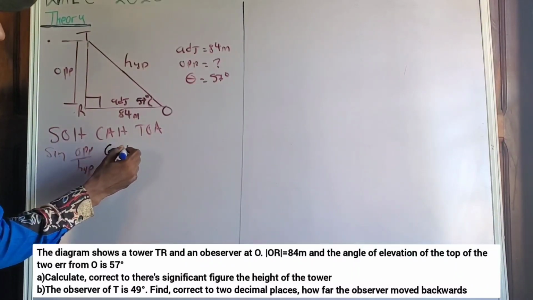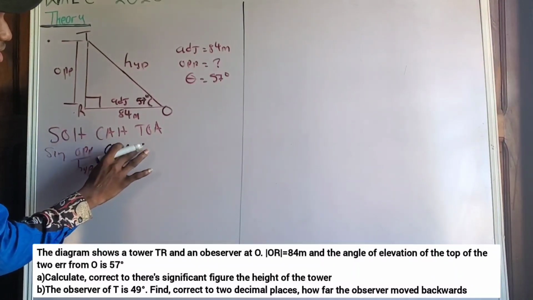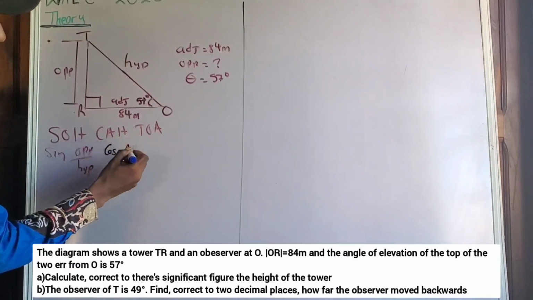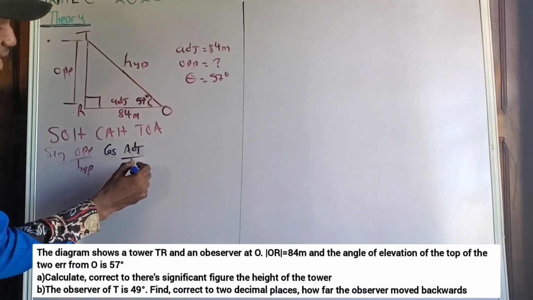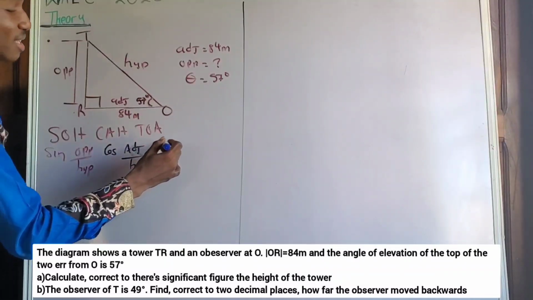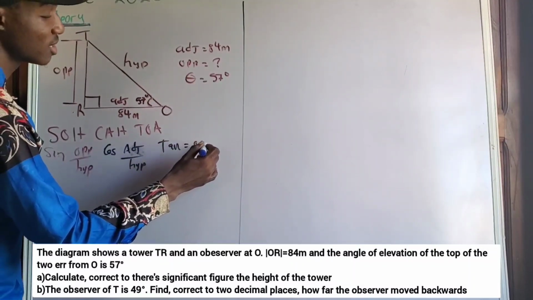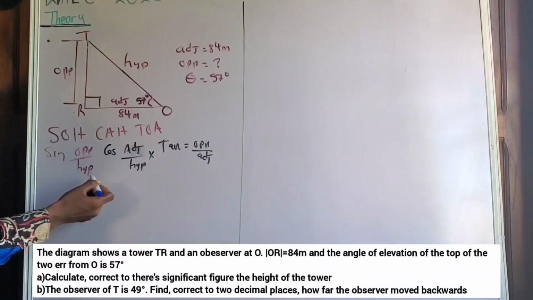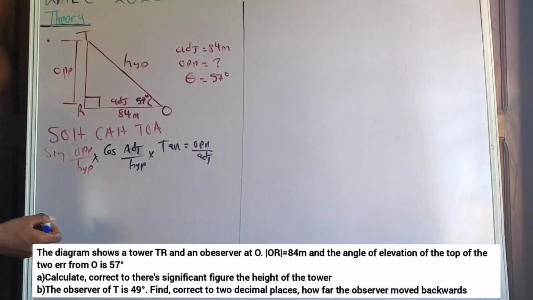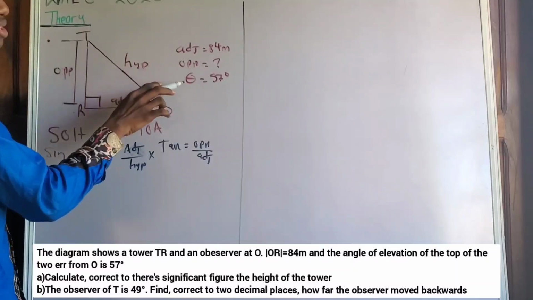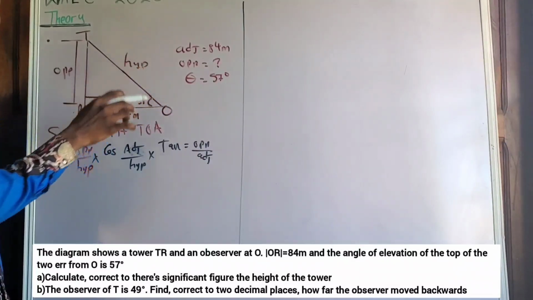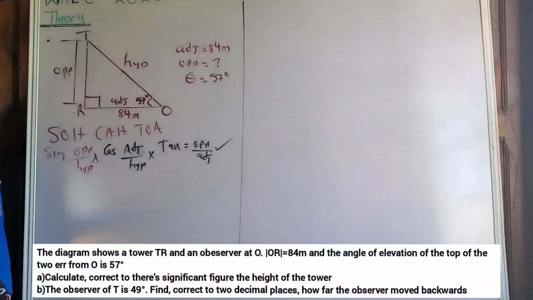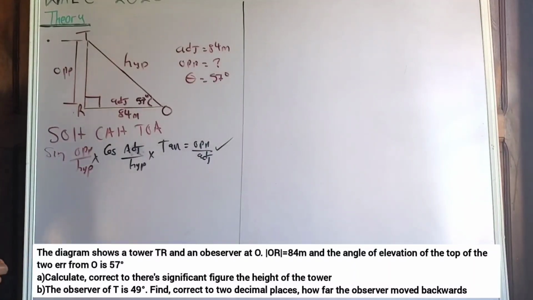Cos is adjacent over hypotenuse, right? And tan is opposite over adjacent. So we cannot make use of cos or sine, because we are given the adjacent and we are looking for the opposite. So the right trigonometric ratio to use is tan theta. Do you understand? Okay, so let us proceed.